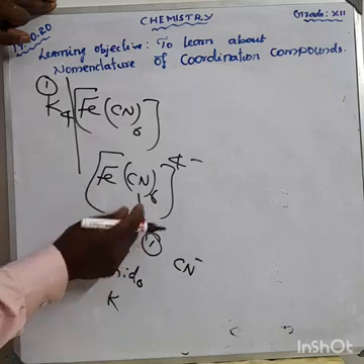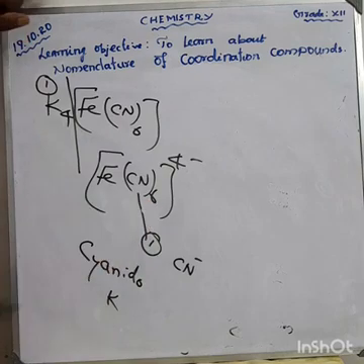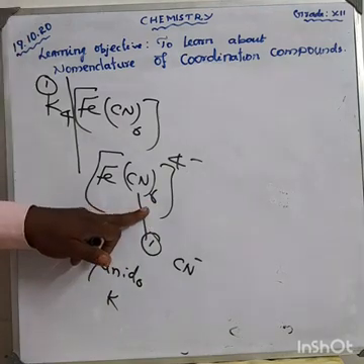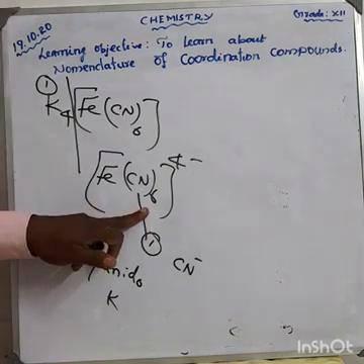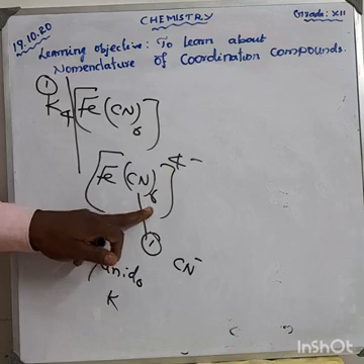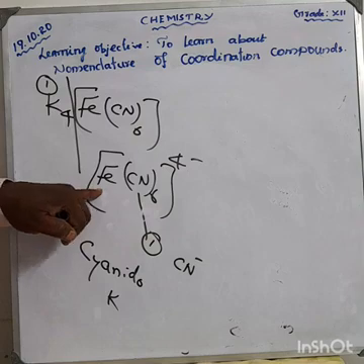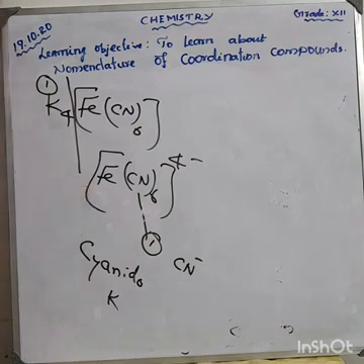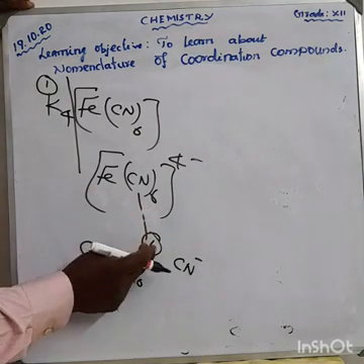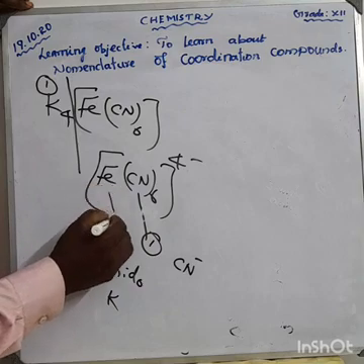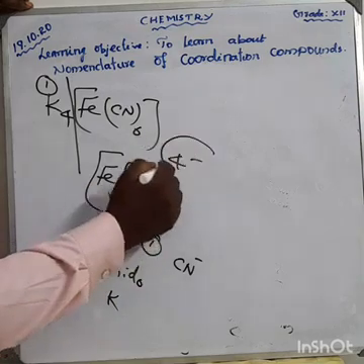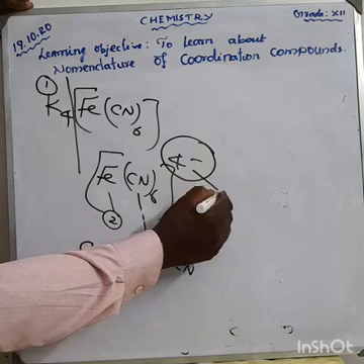First the ligand, six ligands. After the ligands, next goes the central metal ion. First priority to the ligand, second to the central metal ion, third to the charge.